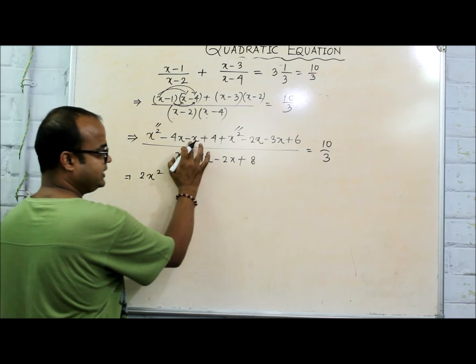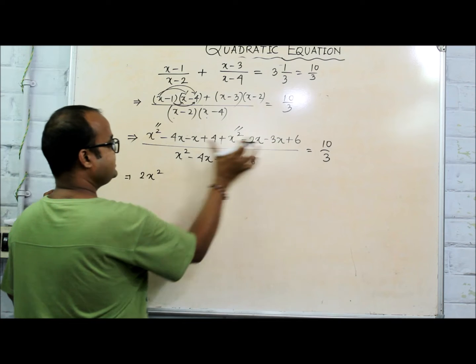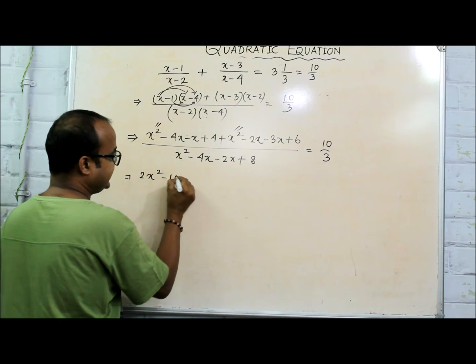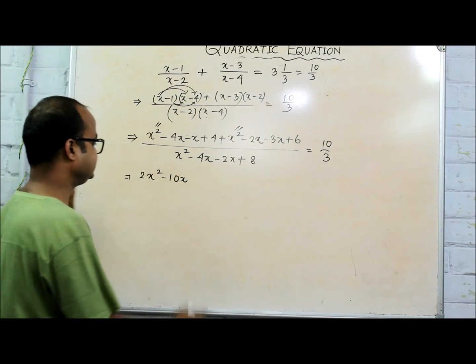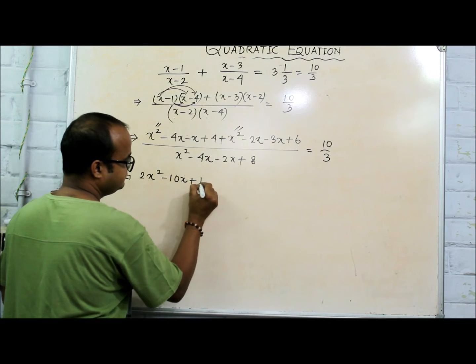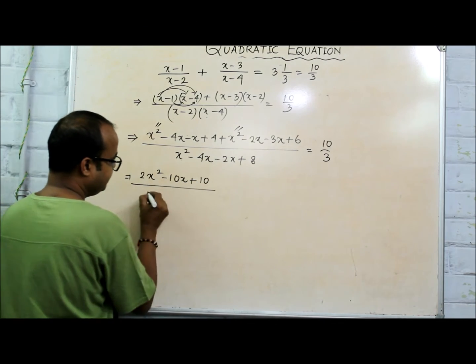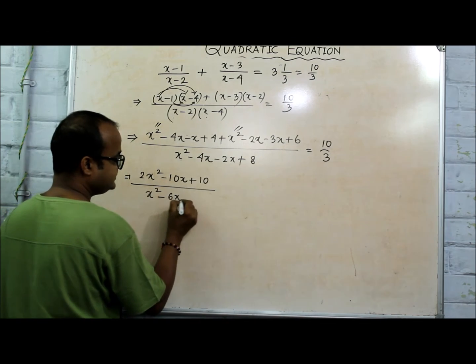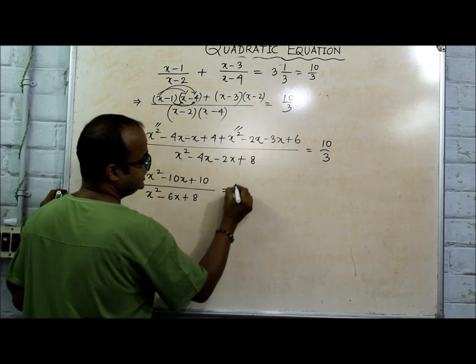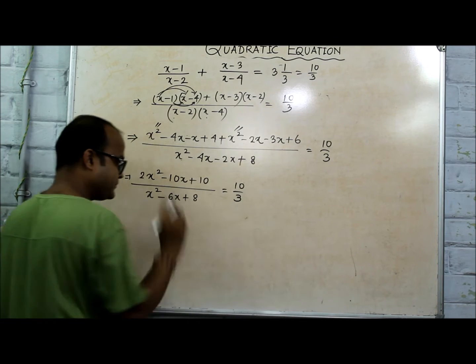So 4 plus 1, 5, minus 2 minus 3 minus 5, so we will get minus 10x, plus 4 plus 6, plus 10 by x square minus 6x plus 8 is equal to 10 by 3.